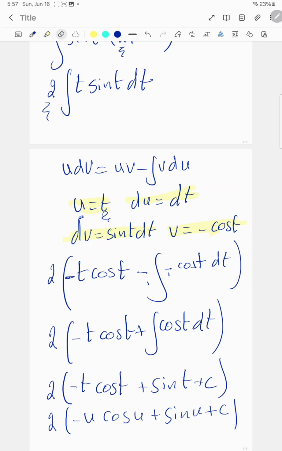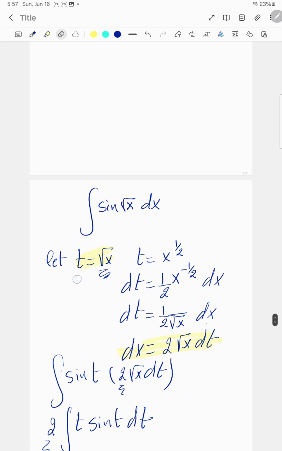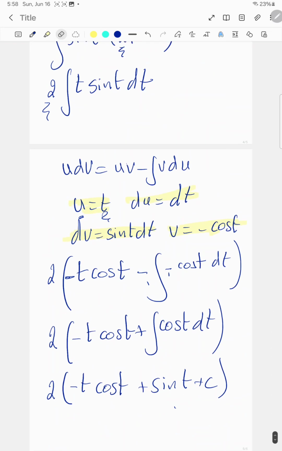Let's erase the last line, and then if we go here, we said t is equal to square root of x. So we replace t by square root of x. So it becomes 2 times minus square root of x cosine of square root of x plus sine square root of x plus c.